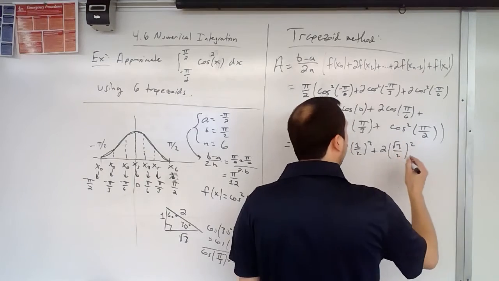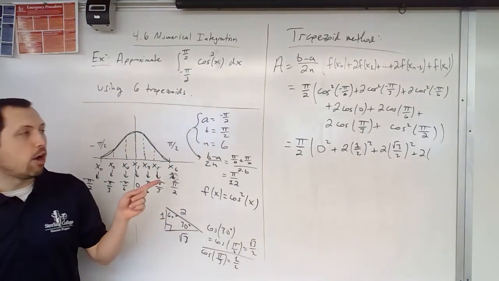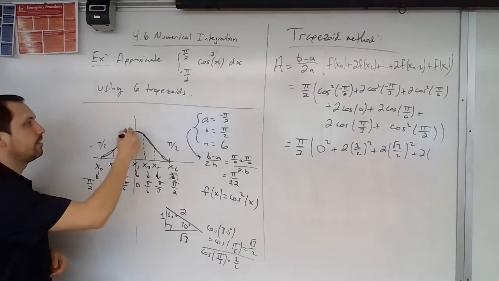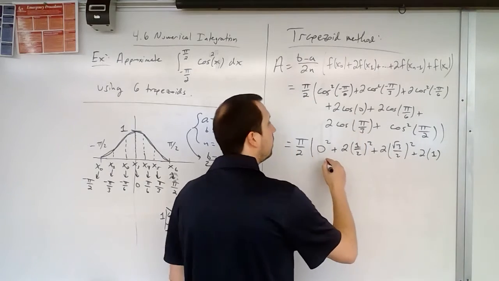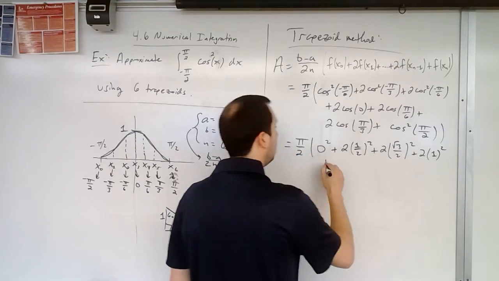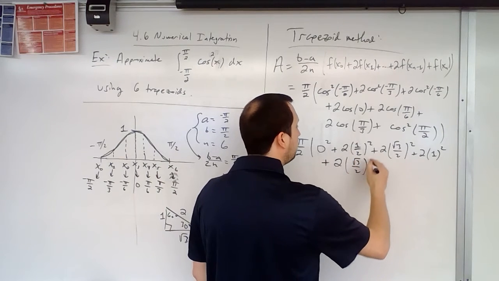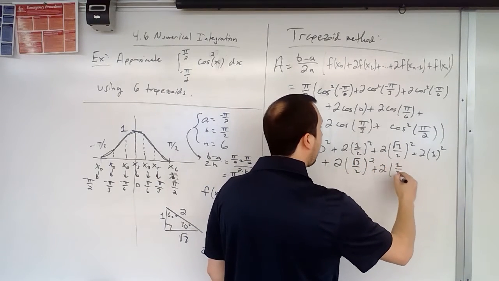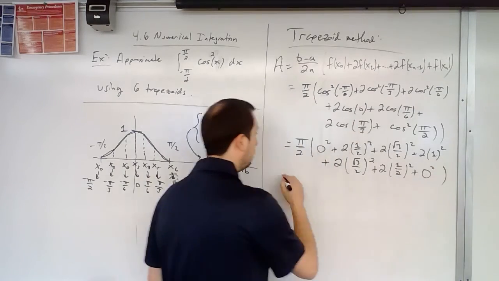Square root of 3 quantity squared plus 2 cosine of 0. That's going to be the height over here. This is the height at 1. So this is going to be 1 squared plus we have 2 times the square root of 3 over 2 squared plus 2 times 1/2 squared plus 0 squared.